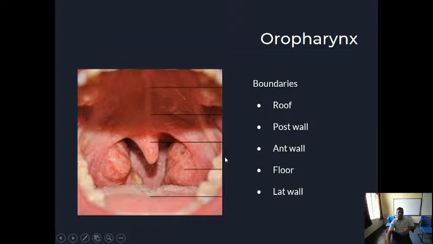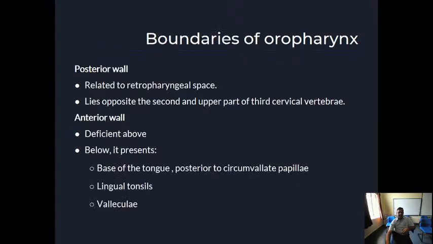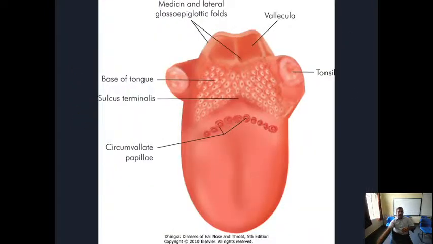The structures that you see in the oropharynx are the posterior one-third of the tongue, the vallecula, that is the space between the epiglottis and the tongue, and the tonsils that are present in the lateral aspect of the pharynx, just behind the palatoglossus muscle, and anteriorly you have the posterior one-third of the tongue. So these are the structures present in the oropharynx.